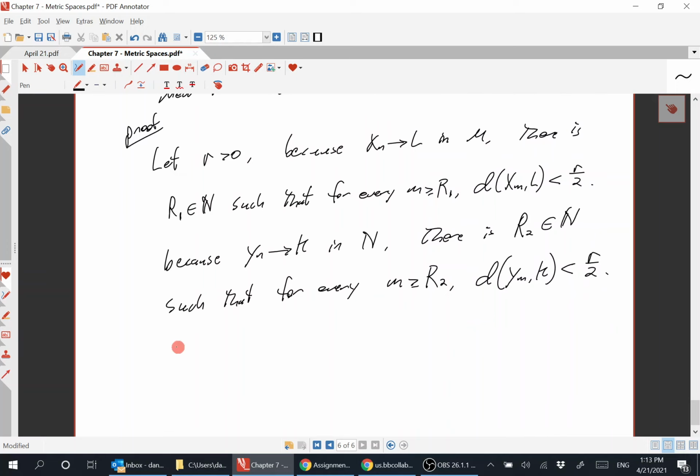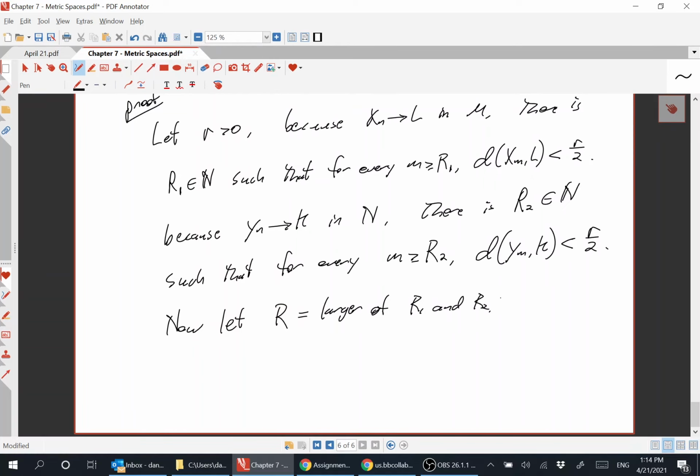So now, let R be equal to the larger of R1 and R2, whichever one's bigger. You've got these two natural numbers, R1 and R2. Let R be the bigger one of the two, or if they're the same, let it be equal to both.